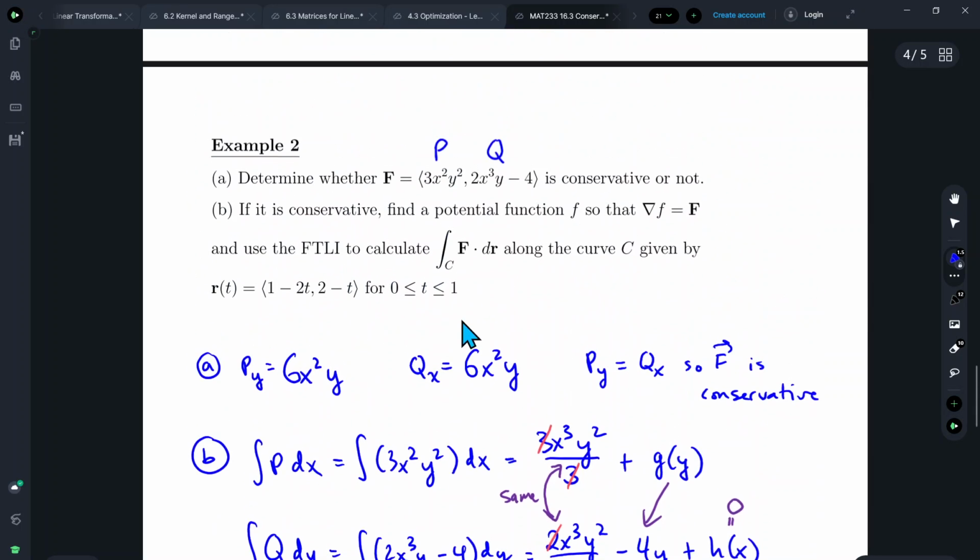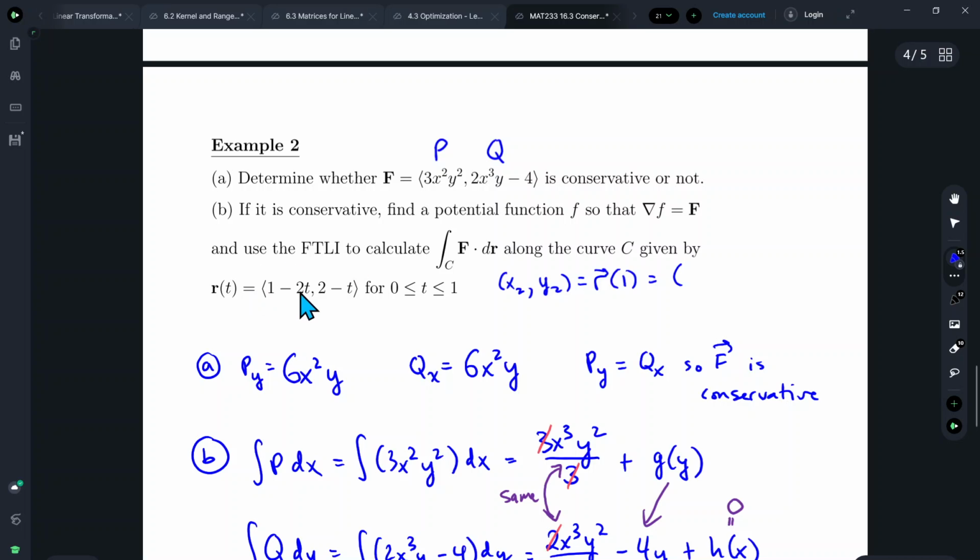So what is the starting point and the endpoint? Let's go back to the problem. This is the curve C. The starting point is when t equals 0, and the endpoint is when t equals 1. We're looking at the endpoint first, so plug in t equals 1.